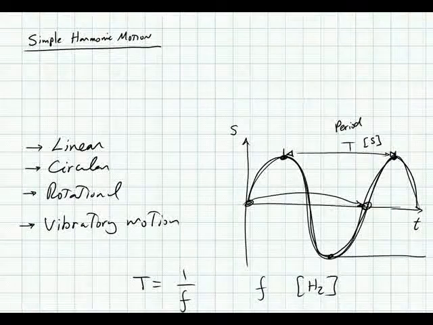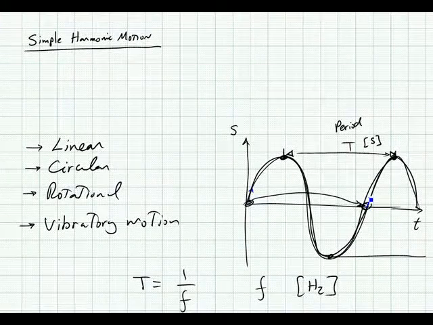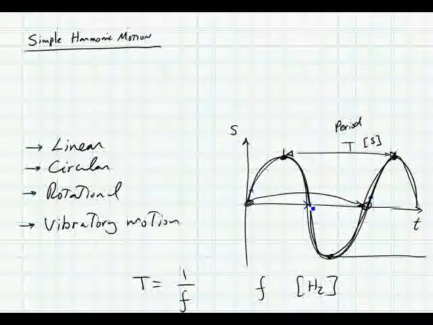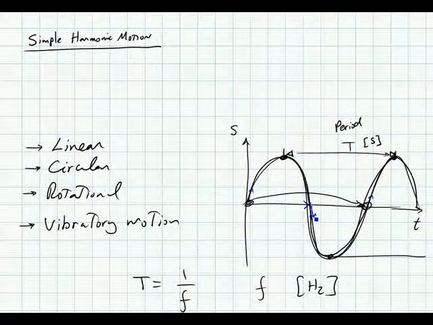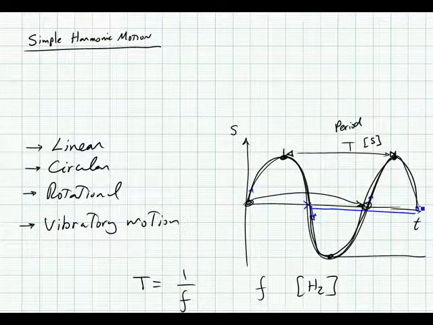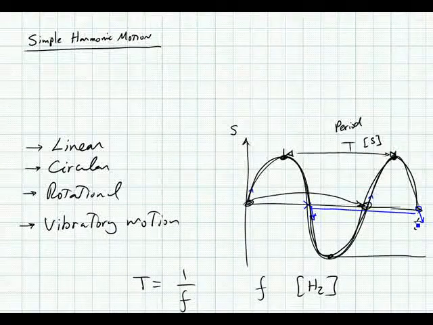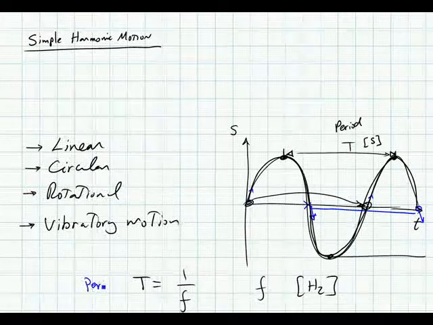In zero crossing, you have to be careful, of course. We have to choose the identical position. In this zero crossing here, the object is moving in the negative direction, so the period is defined from this zero crossing to this zero crossing, where the object is moving in the negative direction again.